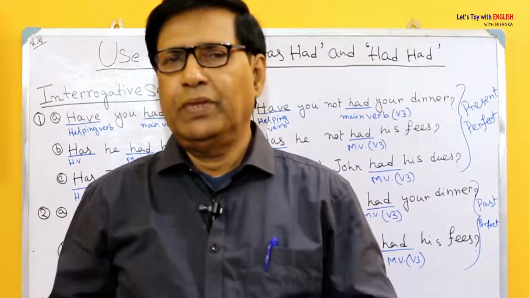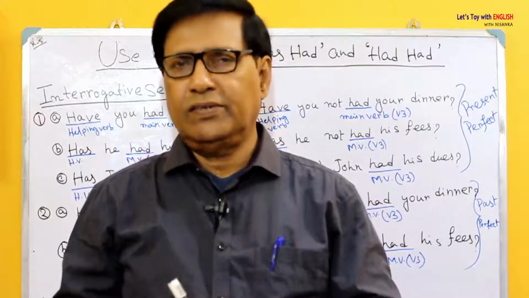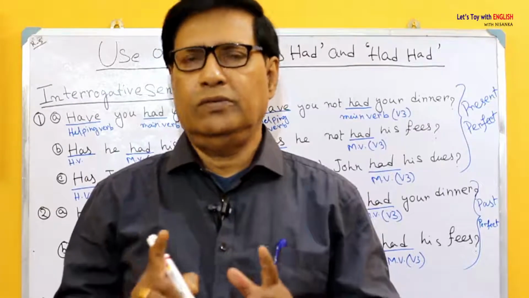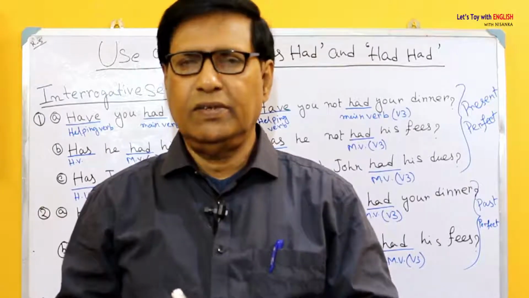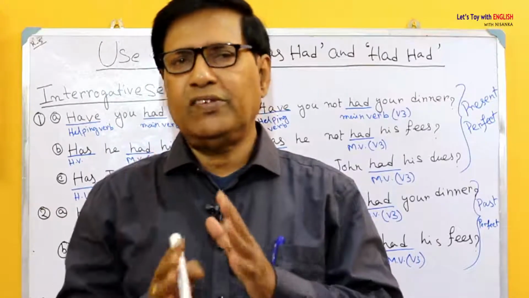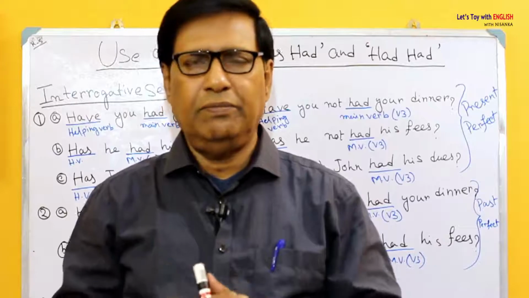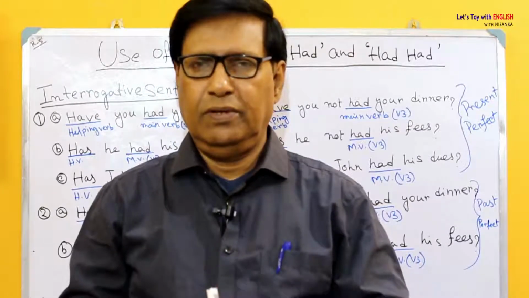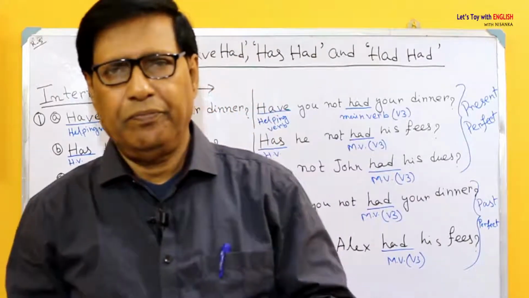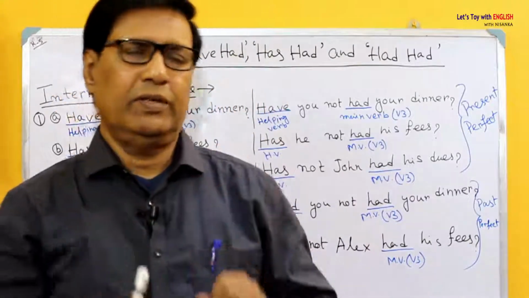You know, in interrogative sentences, there are also two divisions. What are the divisions? The first one is positive interrogative and the second one is negative interrogative. Now let us see the examples of positive interrogative first.